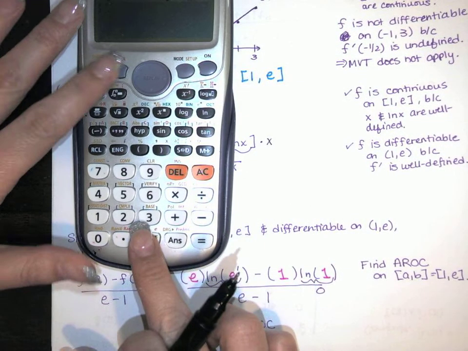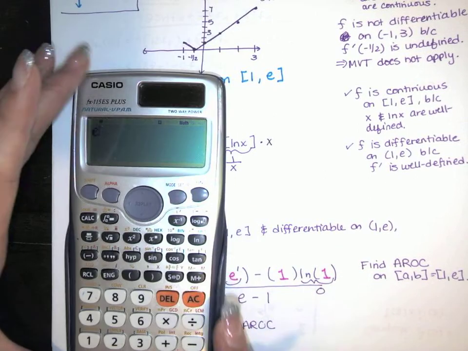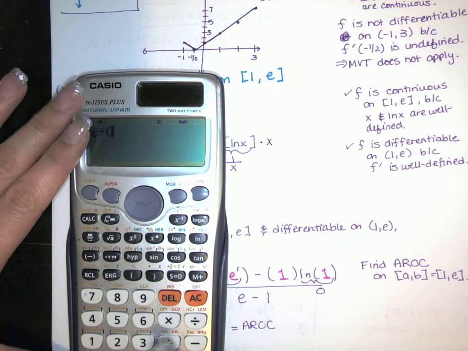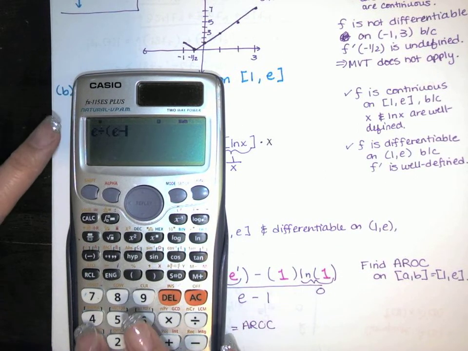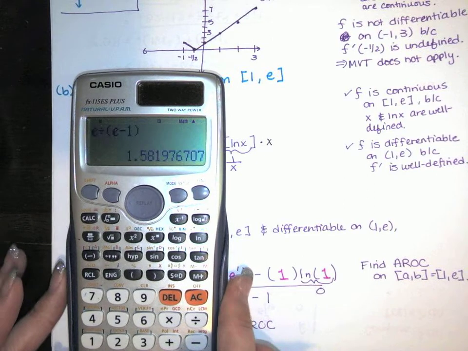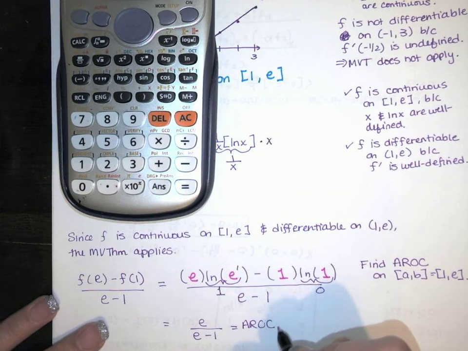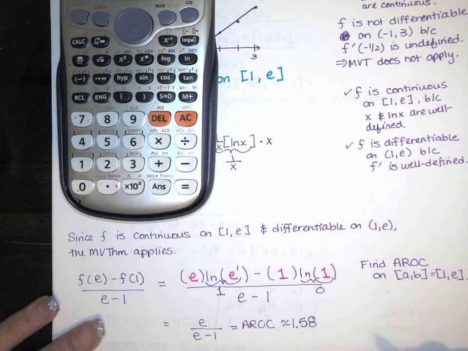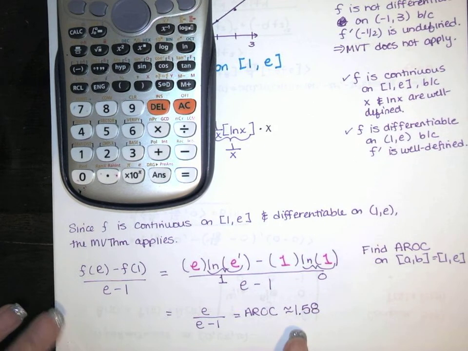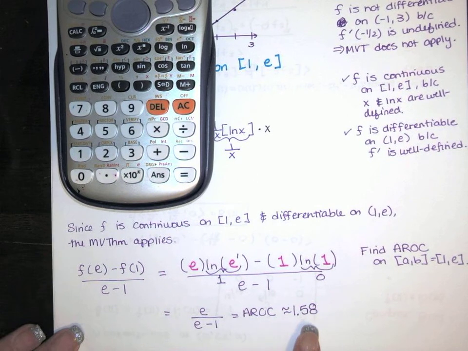But let's get a numerical approximation. Get e divided by, open parentheses, e minus 1, close parentheses, enter, and we get about 1.58. So that is our average rate of change, or the slope of the secant line.